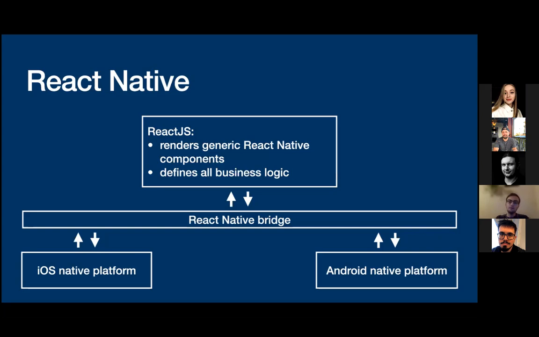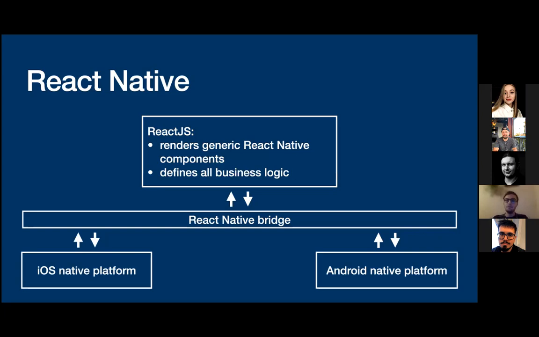Now, in order to talk to each other, both of these processes use a so-called React bridge. And what React bridge is, it's a React Native utility that receives messages from both of these threads, transforms them to a JSON object containing information about certain event happening either in JavaScript thread or in native thread, and sends that to another thread. So it works in both ways.